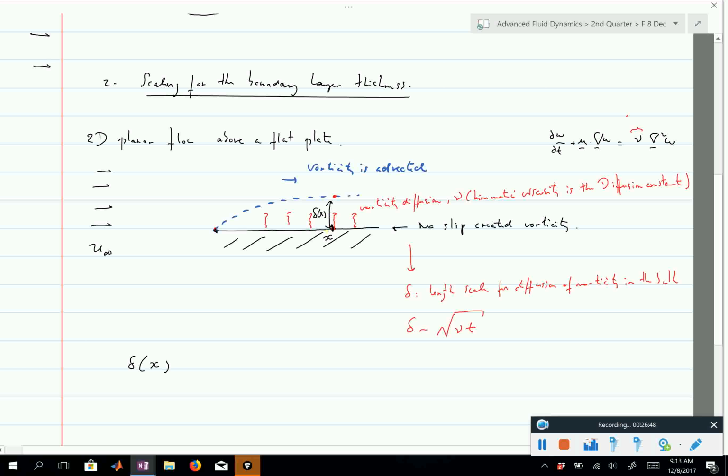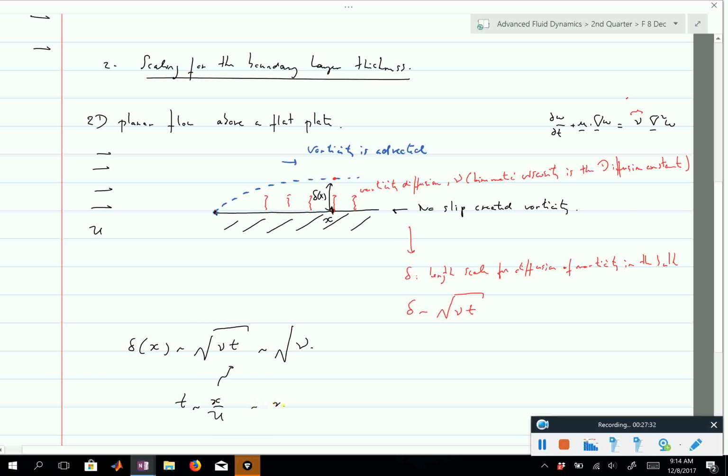Where do I find vorticity, or rotationality? Over which distance? At delta(x), it's going to be a diffusive length scale. And for how long could vorticity diffuse in the y direction? For the time it took to go from here to here. So you're going to have a square root of nu times t, and t scales as x divided by u. I put u infinity, let me just put u here.